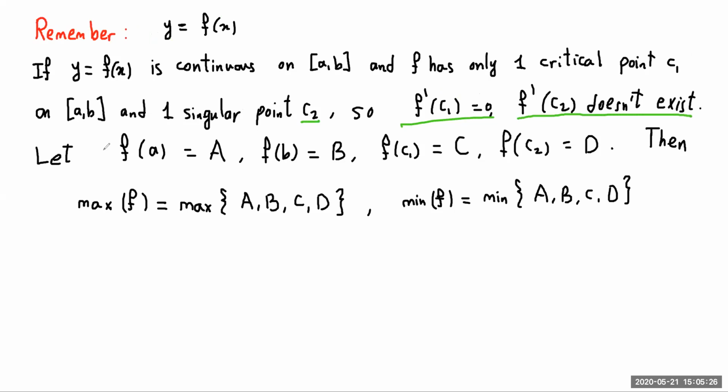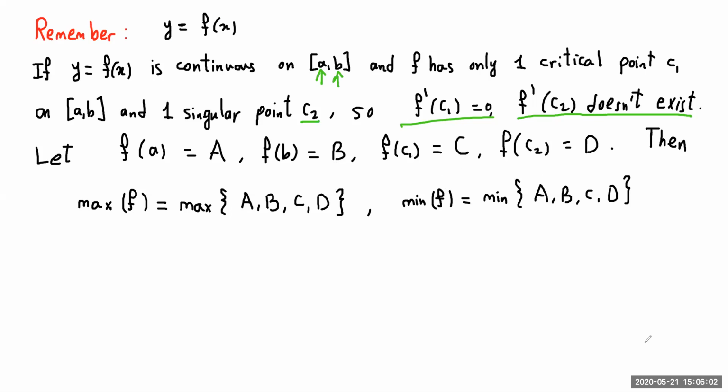Now let's suppose that f at the beginning is the real number big A, f at the ending is the real number big B, f at the critical point C1 is big C, and f at the singular point C2 is D. Then the maximum of f is the maximum number of A, B, C, D, and the minimum of f is the smallest number of the real numbers A, B, C, D.